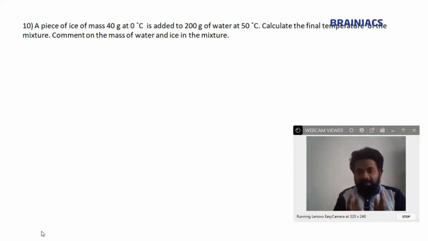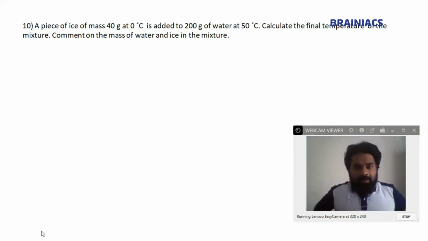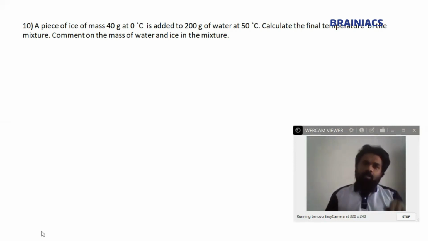So when we mix it, anything can happen. So we need to predict what is going to be the output, what should be the final temperature, whether the mixture will have water alone, or water and ice combination, or steam and water combination and all.